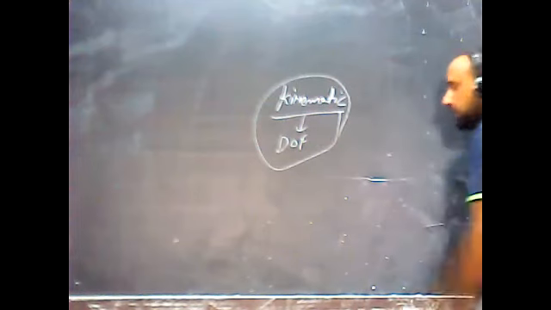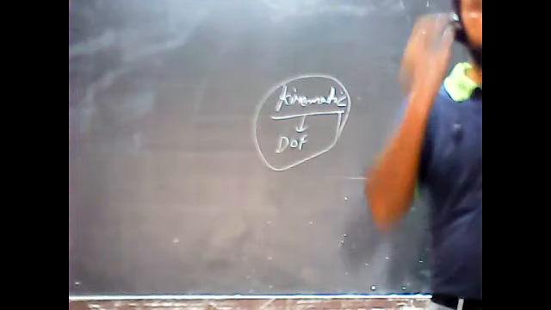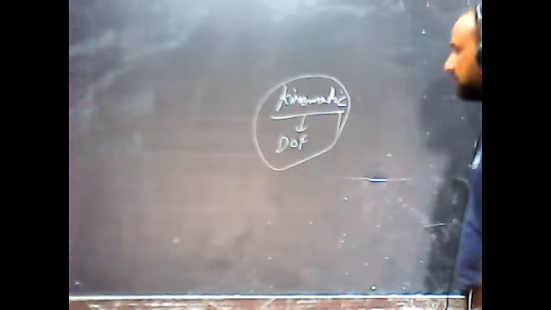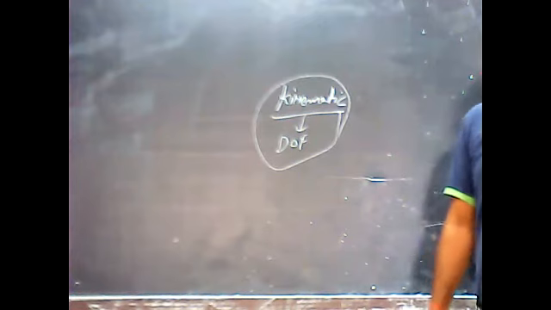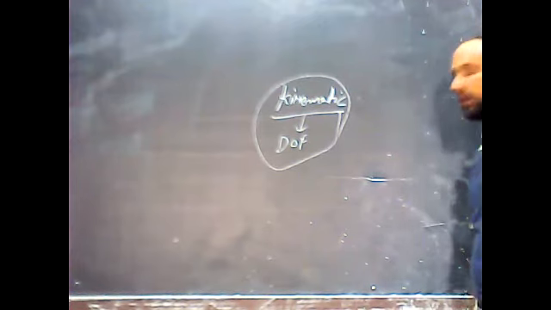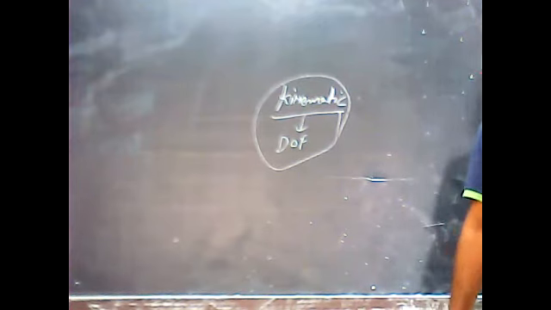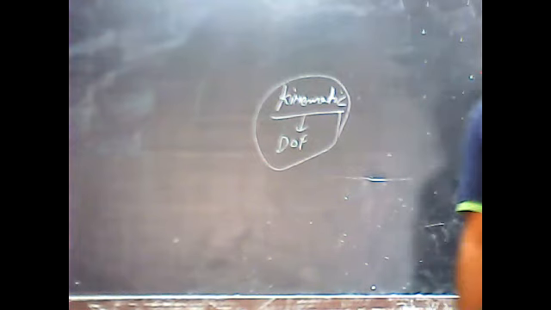The definition is that degree of freedom, or kinematic indeterminacy, is the minimum number of independent coordinates required to define the displaced geometry of the structure.